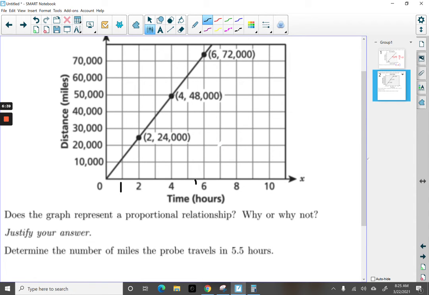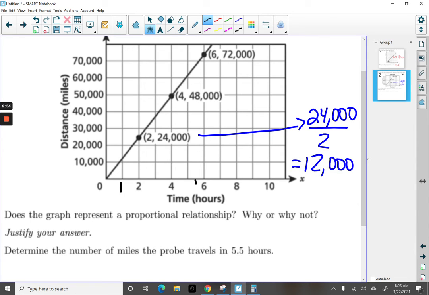So I'm going to take these numbers, and just like we did before, I'm going to take these and divide 24,000 divided by 2. And this gives me 12,000, which is my unit rate in this problem. It was tough to see, but it was at the point (1, 12,000).